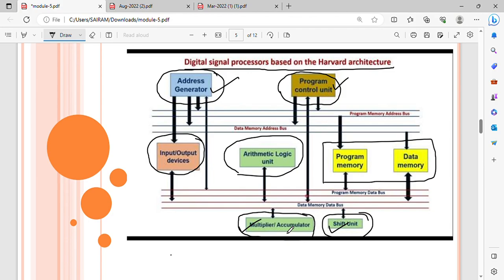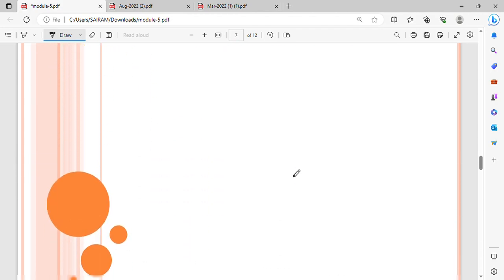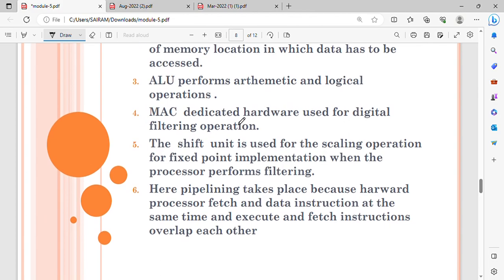Okay. So what is multiplier and accumulator? See here, I have written with respect to this. The multiplier and accumulator has dedicated hardware used for digital filtering operation.